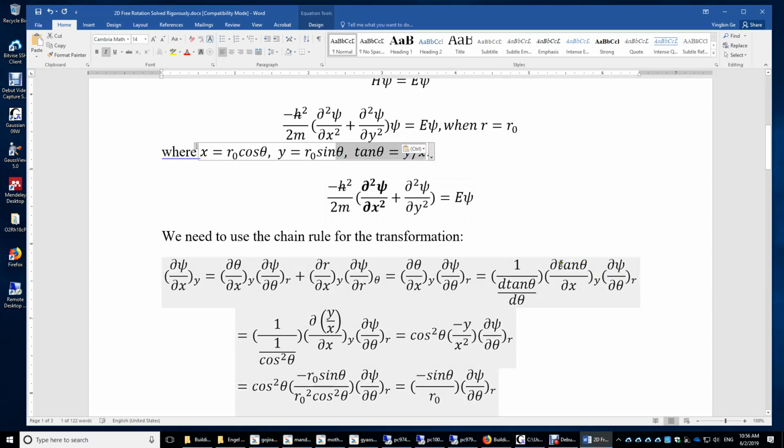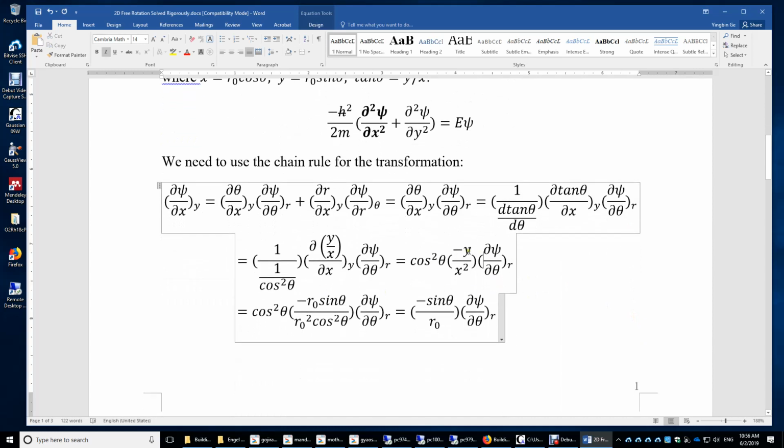So it's just the first derivative of y over x. And that can be easily done. It's negative y over x squared. And then we keep this term here. So we simplify this by replacing y with r0 times sine theta, and x is r0 times cosine theta. In the end, we simplified the expression of the first derivative of psi with respect to theta.